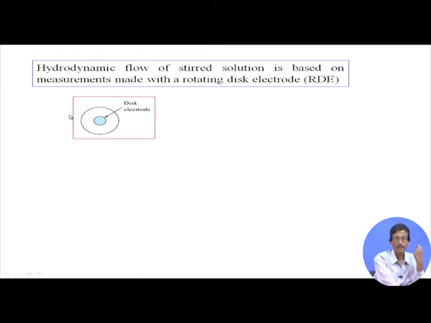We should always know the shapes of those electrodes. When you have a hanging drop of mercury, the hanging drop of mercury can give rise to an electrode, and the shape is known, through which a capillary is there.